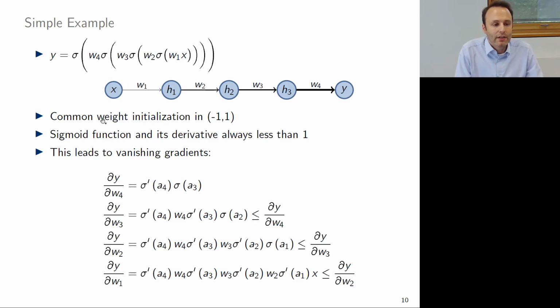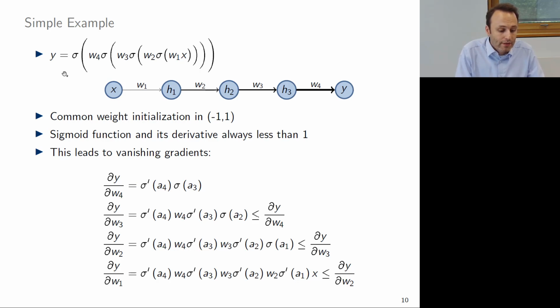And if you now initialize the weights to be -1 or 1 randomly, and we use the sigmoid function with the derivative that is always less than 1, then if we take the derivative of the output with respect to the weight 4, we get here the sigma prime, which is this here, and that is taken times the sigmoid function, whatever we put inside A3 here. Yeah, so this is going to be between 0 and 1, and this is also going to be less than 1, so there is going to be a small number coming out of this.